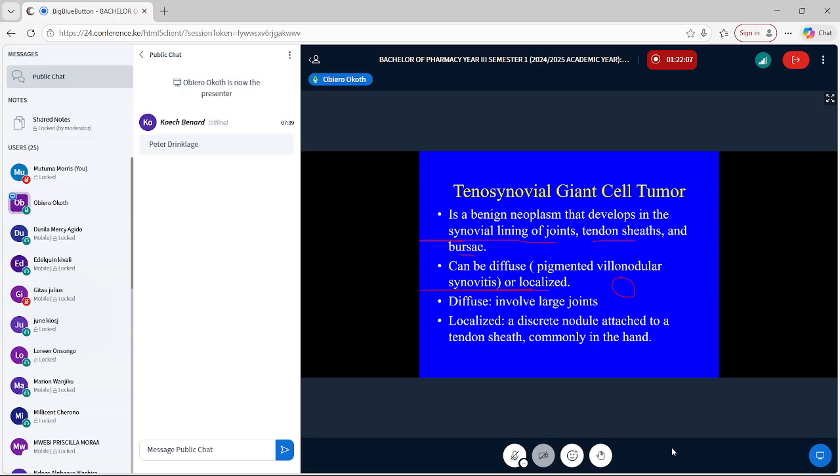Diffuse normally involves large joints like the knee. Localized tend to be in the smaller joints around the hand. It can also be malignant, but most of the time it's benign. The diffuse one can be aggressive and can destroy the whole joint.